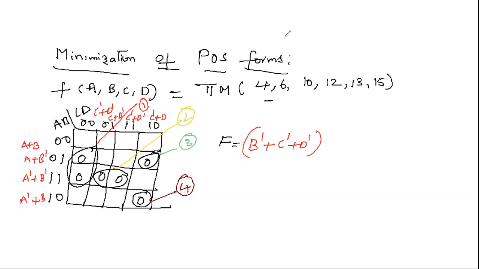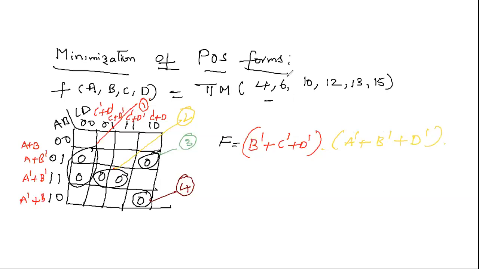Next, the second color, yellow. You put a dot like this and write like this. For the second one it is A complement plus B complement, A complement plus B complement. What is the common term for both? It is D complement. So that is plus D complement.